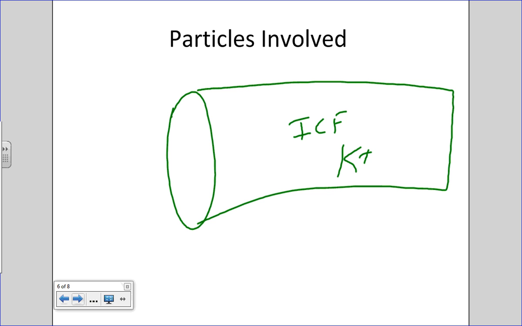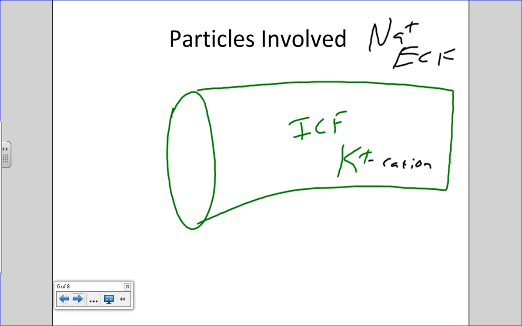And the primary cation within extracellular fluid is going to be sodium. And there are going to be other particles involved in establishing an electrical charge as well.